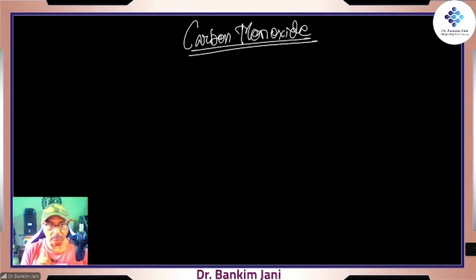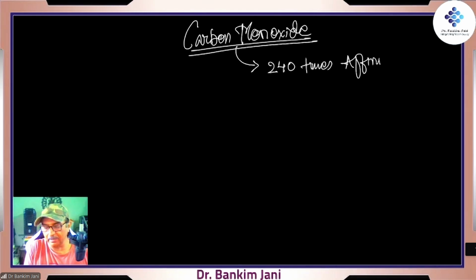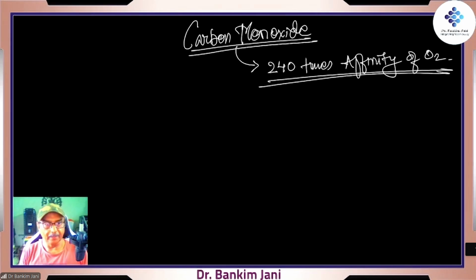The first thing about carbon monoxide is that it has 240 times more affinity, love, for those sites wherever oxygen is to be attached. So before oxygen goes, the carbon monoxide takes the place.